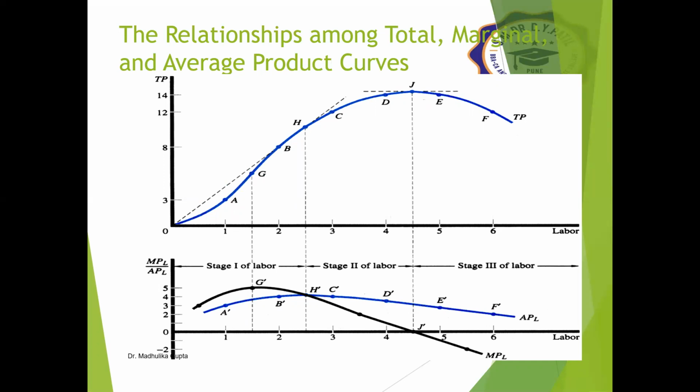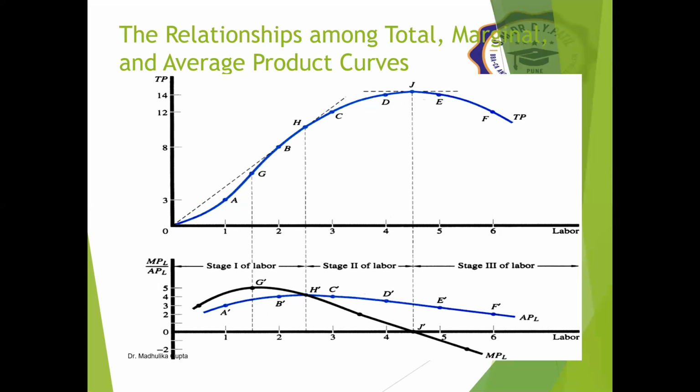See, the TP curve is moving up. AP and MP are also rising, right? So long as MP and AP are increasing, the MP curve is above the AP curve. Now the MP curve cuts the AP curve from above where the AP is maximum, and both AP and MP are equal at point H dash.